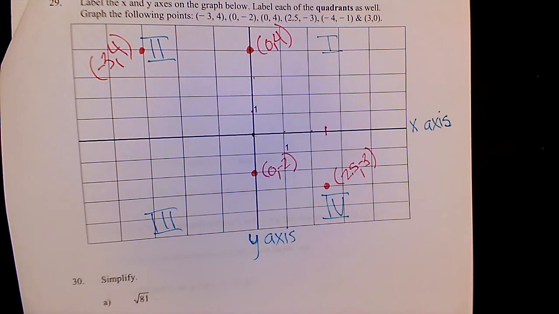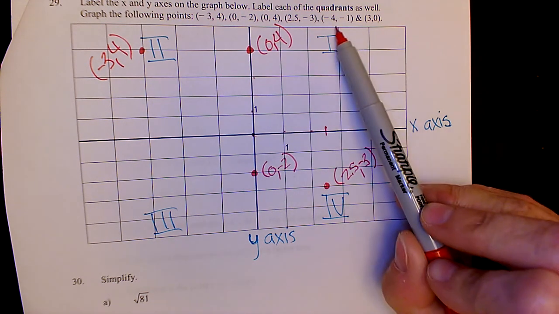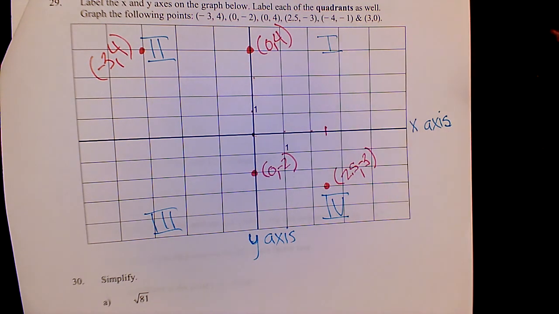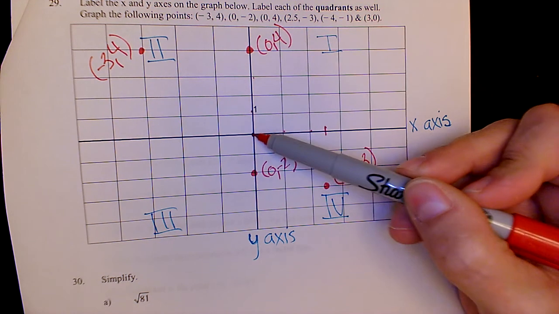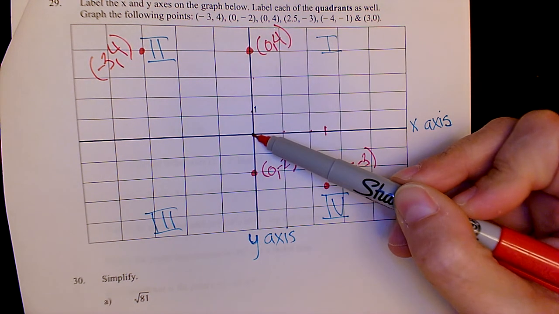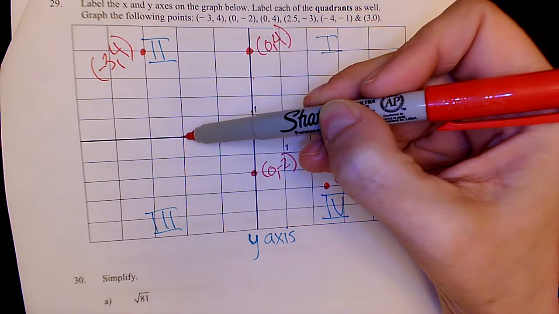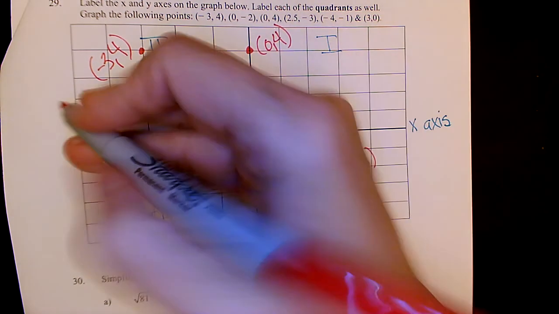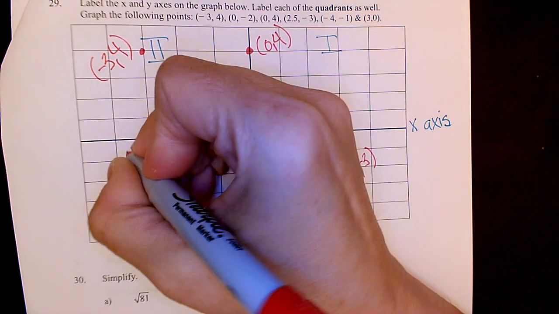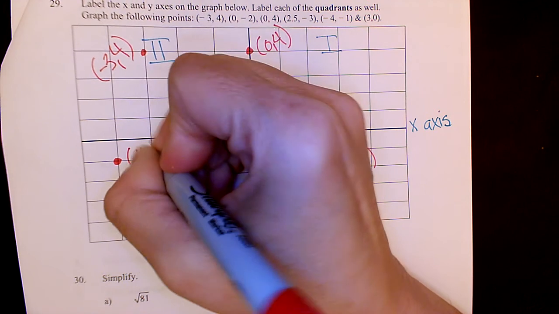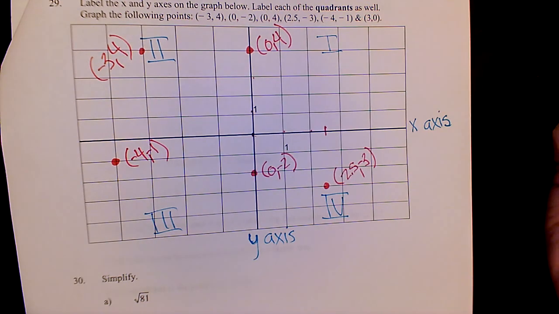And then I'm going to the point negative 4, negative 1. So I'm coming back here to the beginning, and I'm going to the left, negative 4, and down negative 1. So here is negative 4, negative 1.